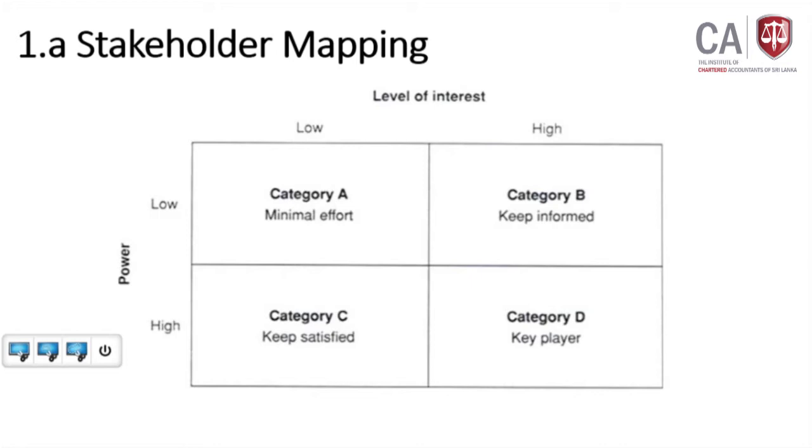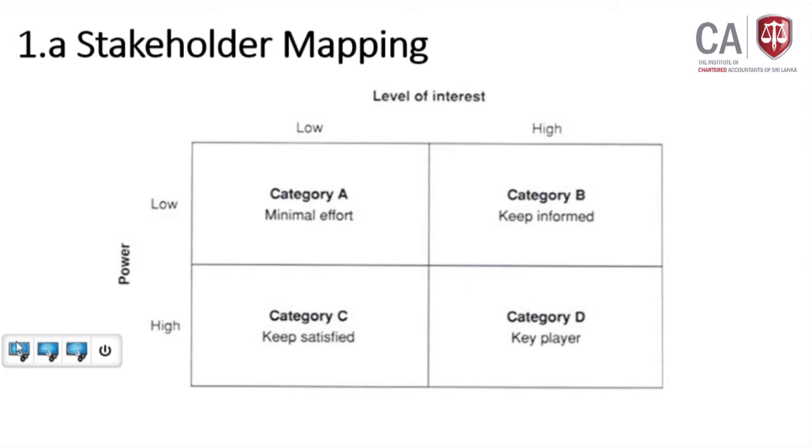The first thing is the categorization of stakeholders. Other one is identification of strategies to map each stakeholder. First thing is to identify the stakeholder group. Second one is to identify the appropriate strategies to deal with each group. Now, first of all, I explain that particular requirement, categorization of stakeholders.